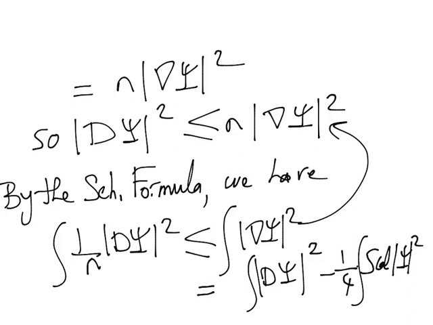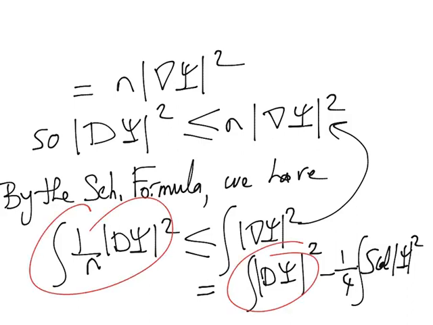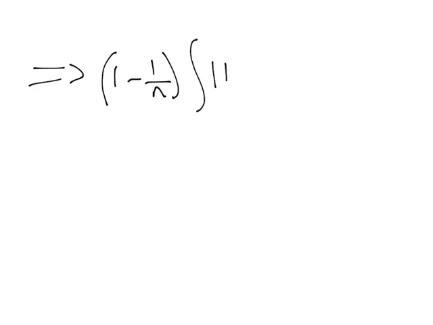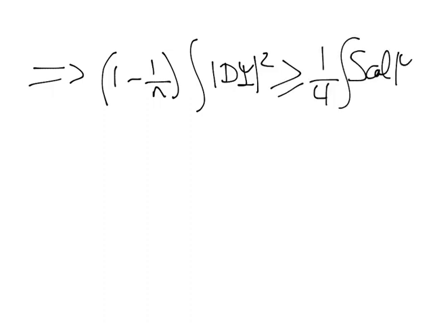So let's combine these two terms to get: (1 minus 1 over n) times the integral of the norm of D psi squared is bigger than or equal to 1 over 4 times the integral of the scalar curvature times the norm of psi squared.